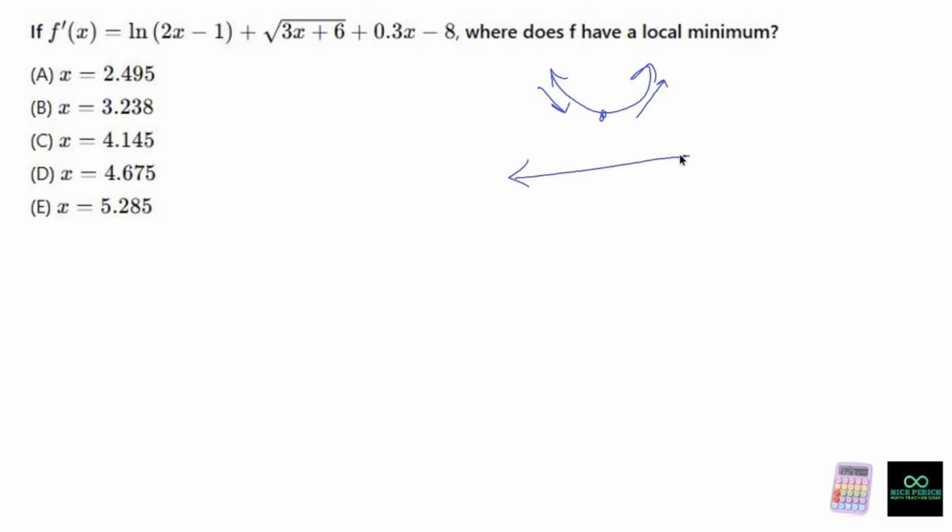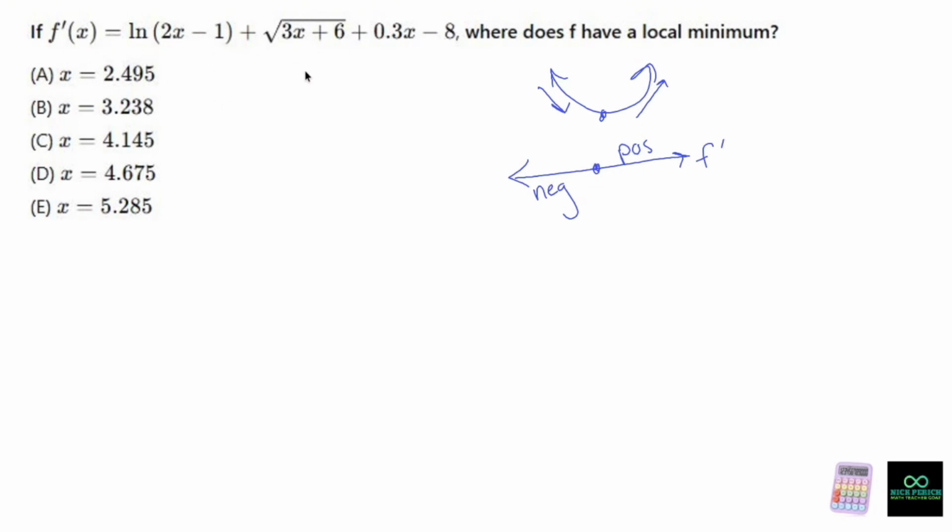What that means, in addition, is if you have f prime, which we do, you have some type of graph that is negative, hits 0, and then becomes positive. So that's what we're going to look for. We are going to graph this guy because that's the derivative.